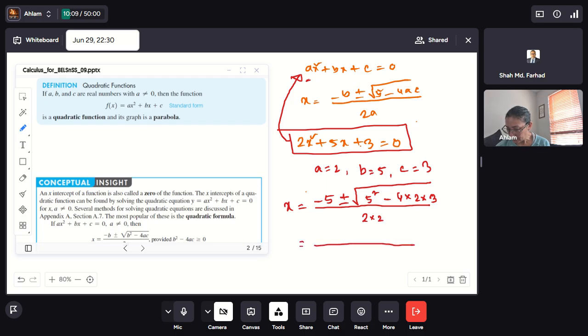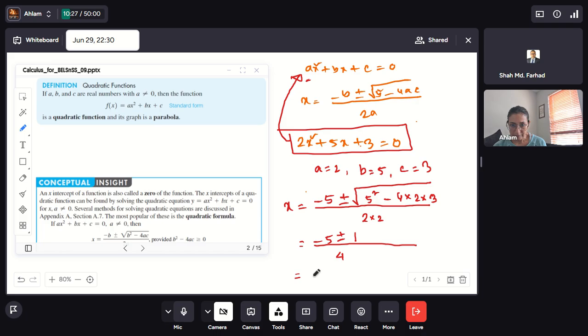So what will be the solution here? That means negative 5 plus minus root over 25 minus 24, that is 1. So root over 1 means 1, and then divided by 4.